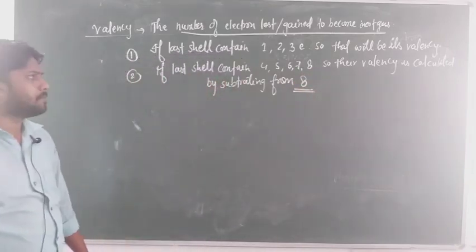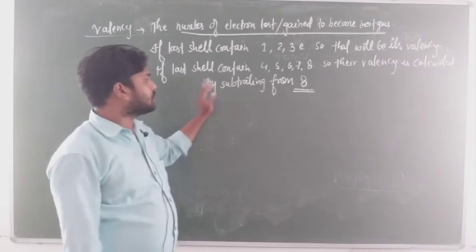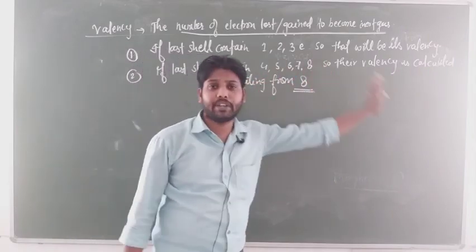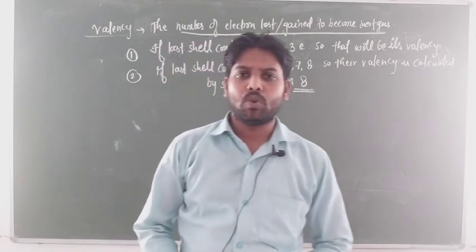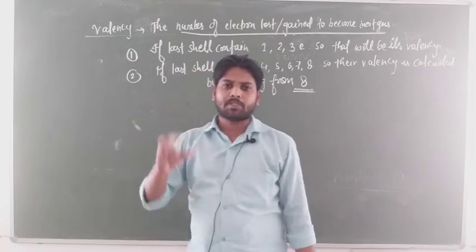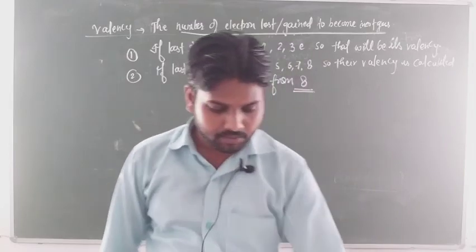Now see, students, if the last shell contains 4 electrons, 5 electrons, 6 electrons, 7 electrons or 8 electrons, you can easily calculate its valency by subtracting from 8.